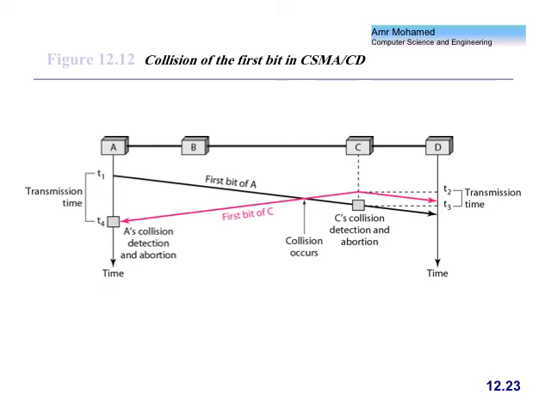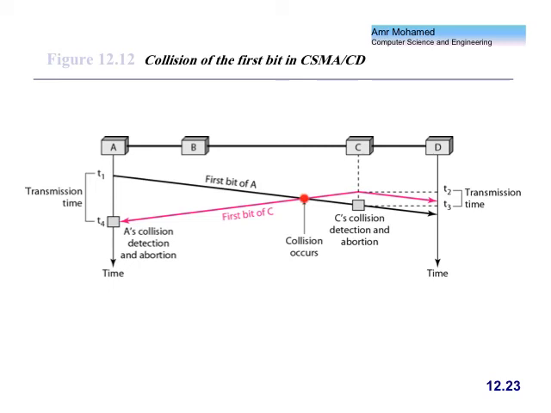So for example, if A tries to send, this will not reach C until this point. And similar to the previous example, C here will sense the channel is idle, then it will send. The actual collision happens where? The first time at this point.